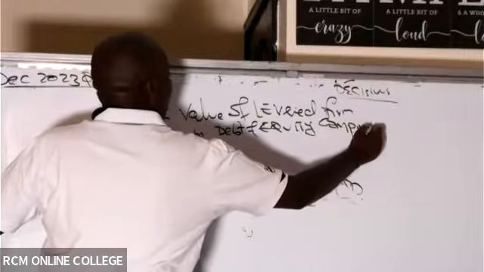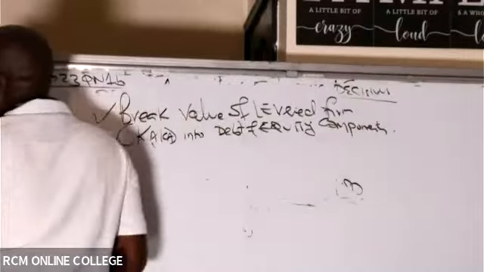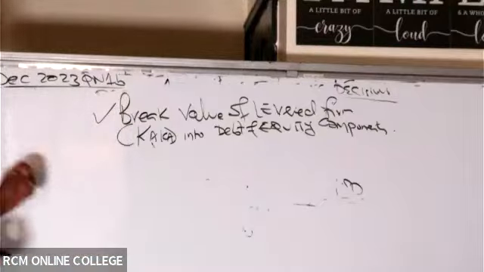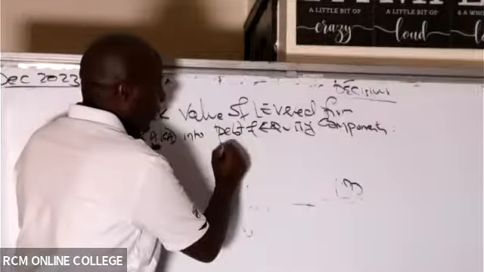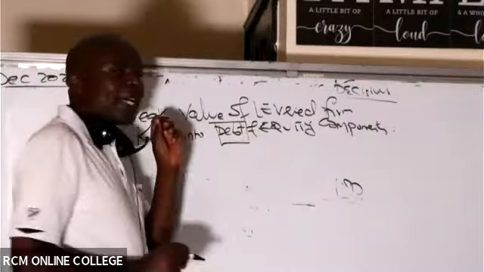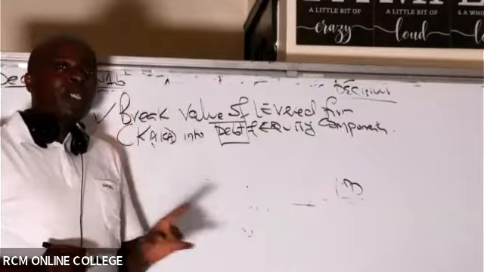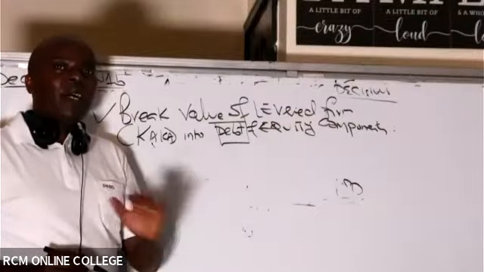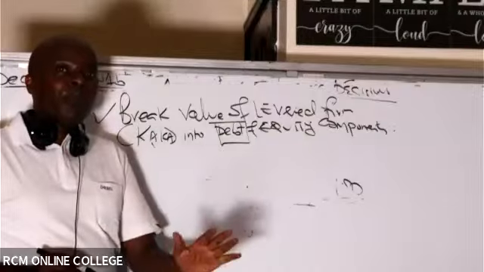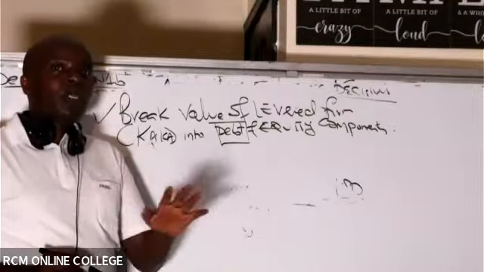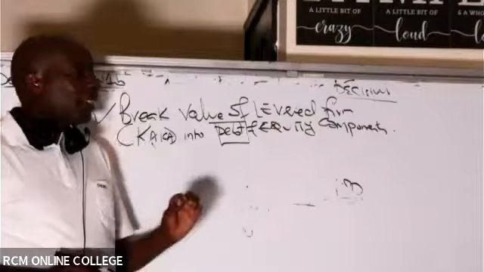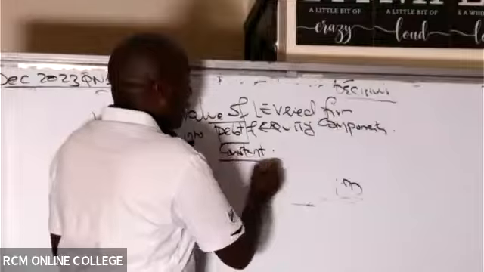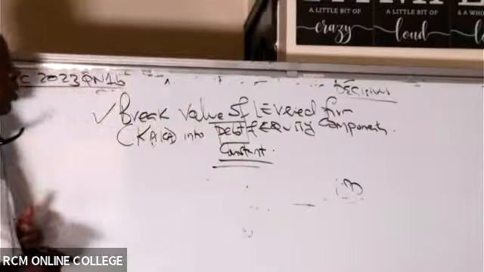And remember that debt is ever constant. What will fluctuate, when a company makes losses, is equity. But once you are given the debt of a firm from the beginning, we shall assume it's not going to be repaid. It's a perpetual debt. It will remain like that, so debt is always constant.